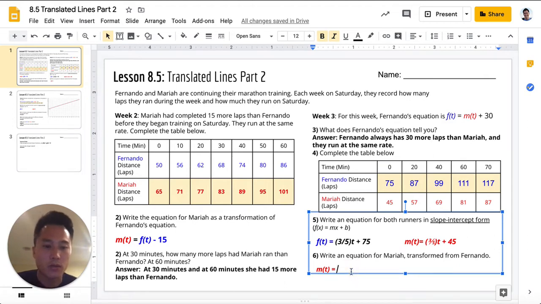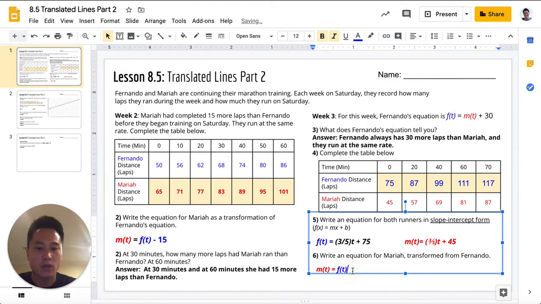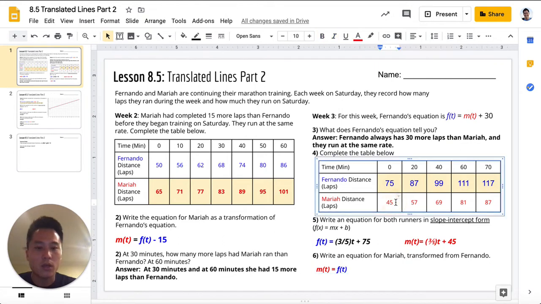Write an equation for Mariah transformed from Fernando. So I have to think to myself, what do I have to do to Fernando's equation so that it's equal to Mariah's equation? We know that Fernando's equation is always 30 more than Mariah's.